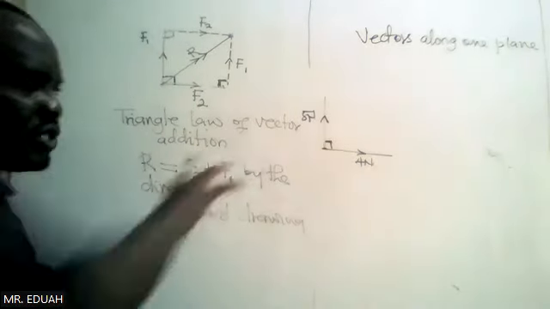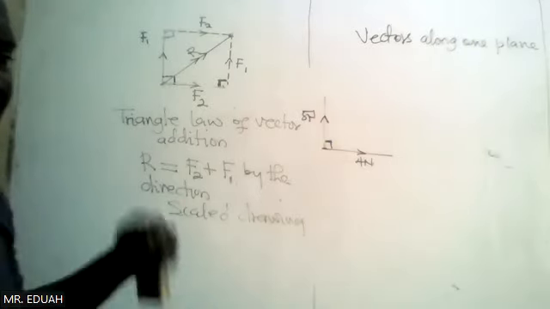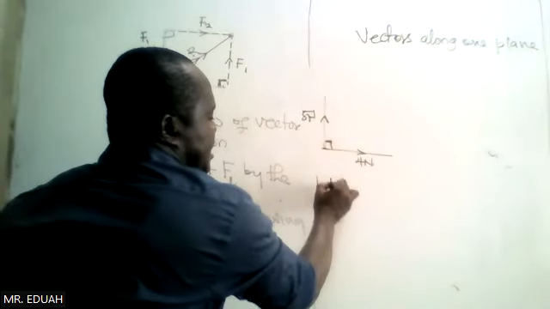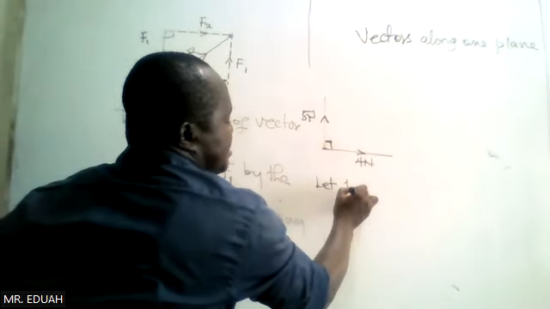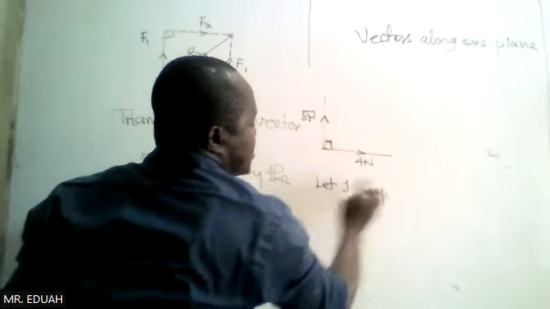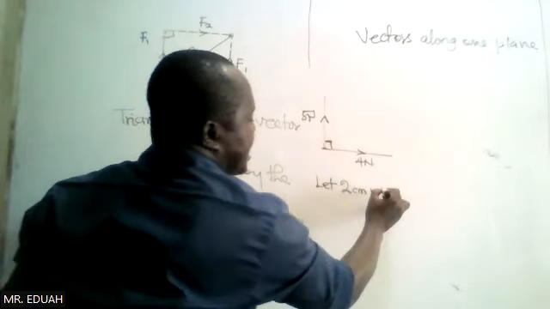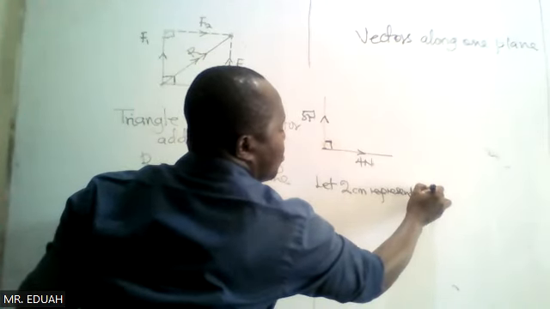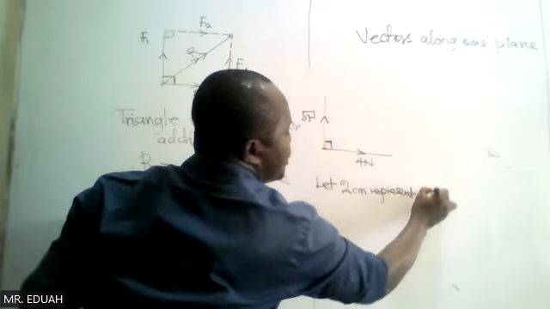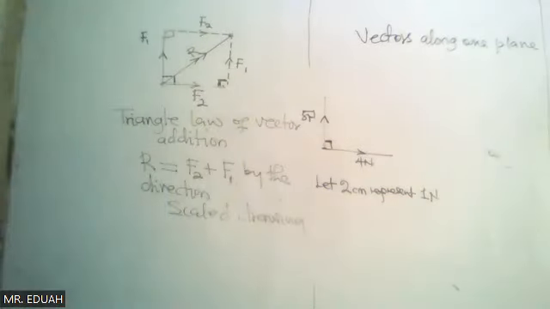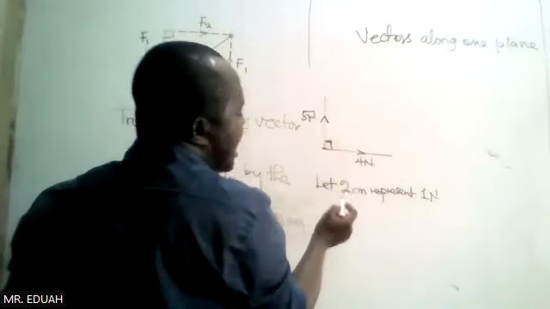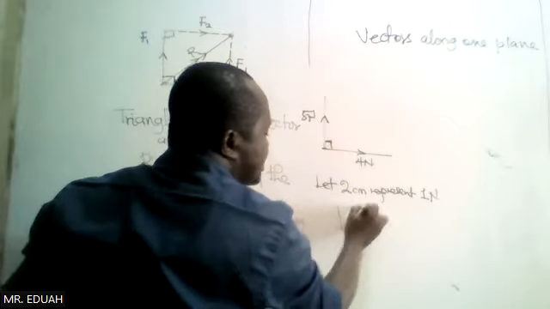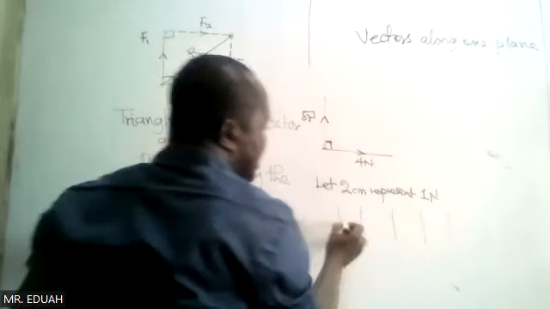I can draw this to scale using a graph sheet, and I say that every 2 centimeter represents 1 Newton. Meaning that for this force, I have to take 4 of the boxes on our graph sheet.